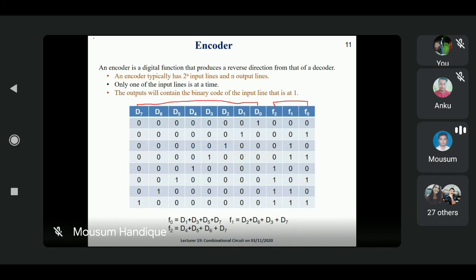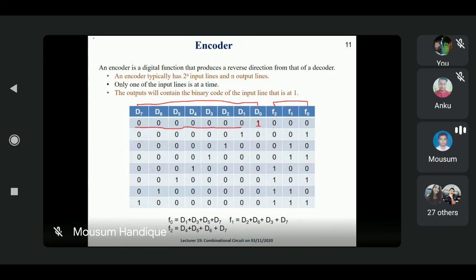Now see here, we are going in a systematic manner. Suppose the input line D0 is active at first. So it is 1, and all other lines are 0. At that time, what is the combination of the output?